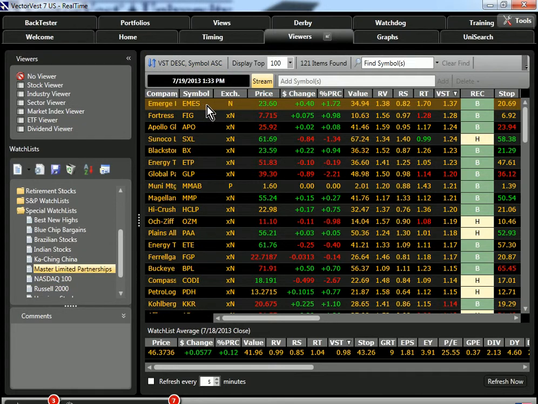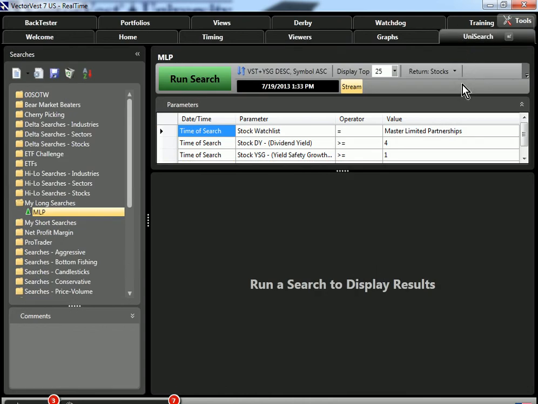What we originally did was build a custom search which looked exclusively at this watch list. Moving into the Unisearch tab, saved under My Long Searches, we have the same search originally used at the end of May, which is titled MLP. The first parameter for this search is that the stock watch list must be equal to Master Limited Partnerships.